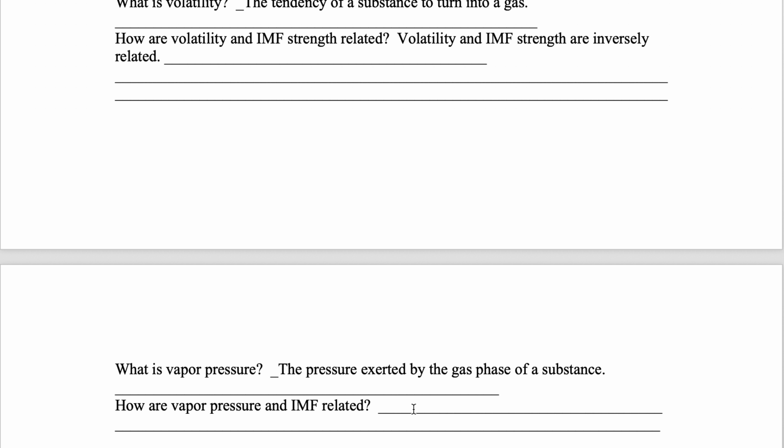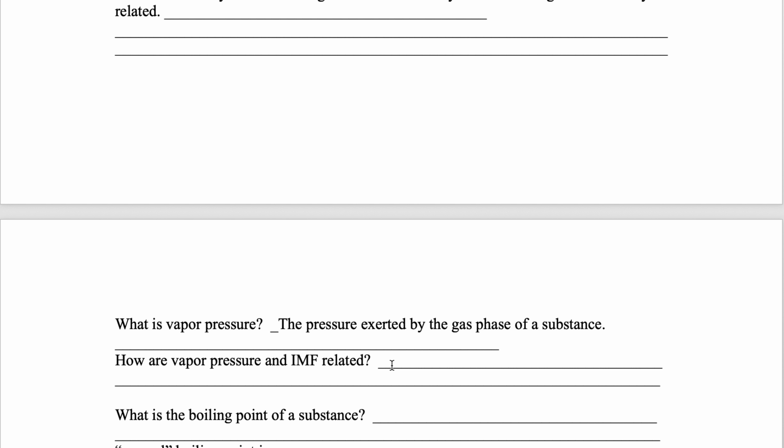So water evaporates, turns into a vapor. The pressure exerted by that gaseous water is the vapor pressure of water.